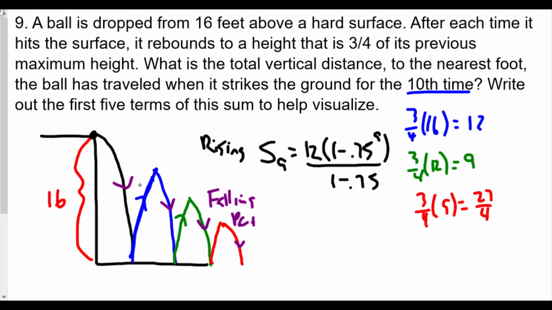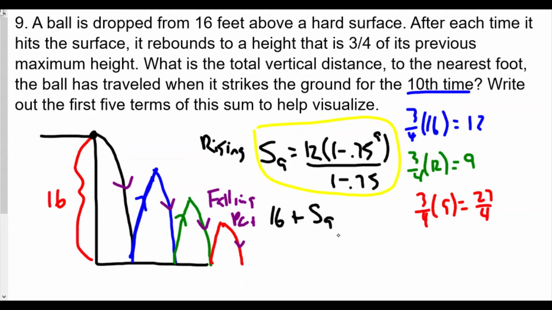So we rise by 12, we fall by 12. We rise by 9, we fall by 9. We rise by 27/4, we fall by 27/4. So this sum here is going to be the same exact for the falling heights, but plus 16. So falling will be 16 plus S9.